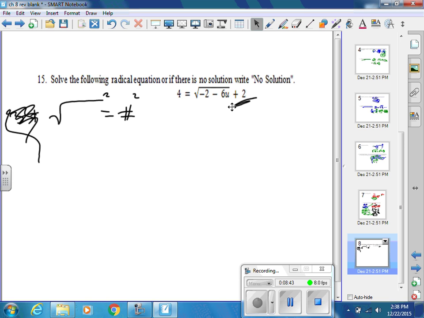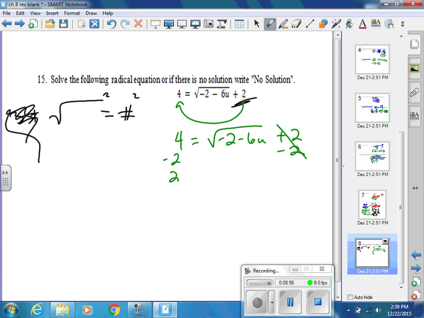So in this case, I need to actually move this over there. So I'm going to subtract it. So 4 equals, I'm just going to write everything out. So I'm going to minus the 2, and I get 2 is equal to the square root of minus 2 minus 6u. Now I can square both sides.